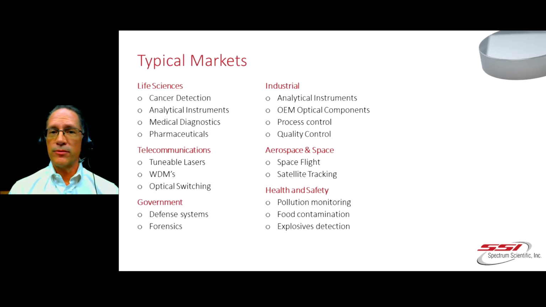We do some stuff for aerospace. We've had stuff launch in space. Industrial applications, analytical instrumentation, telecommunications, and etc. So we cover all those industries as most optical component manufacturers do.